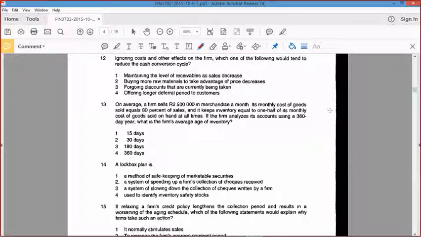A tip would be to write down the cash conversion cycle, because that's what they're focusing on. So I would be jotting this down: AAI, ACP, APP. Then I'm going to be looking at each option and its effect on the cash conversion cycle. Does that make sense? Yes. So which one do you think is correct?